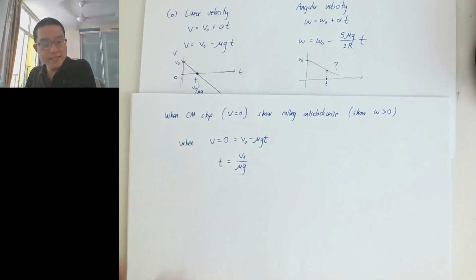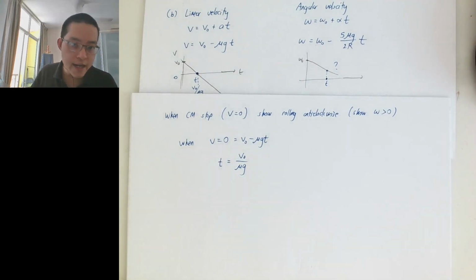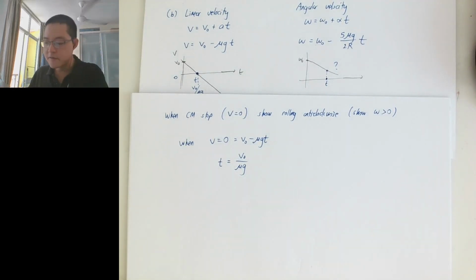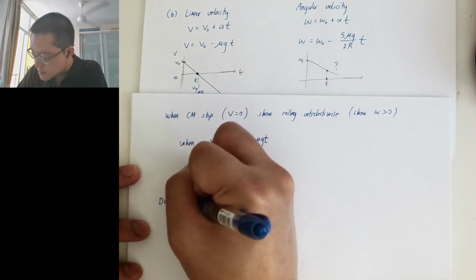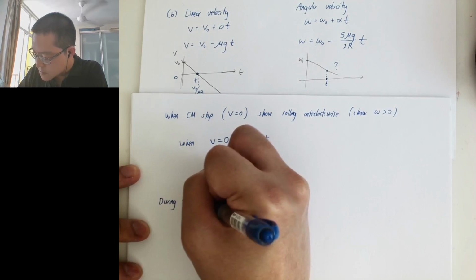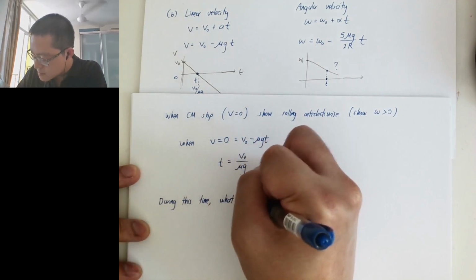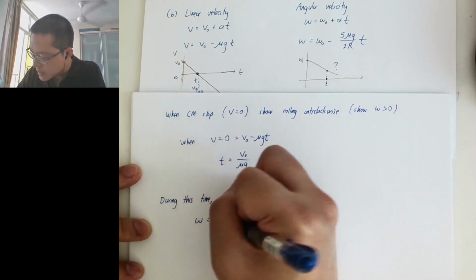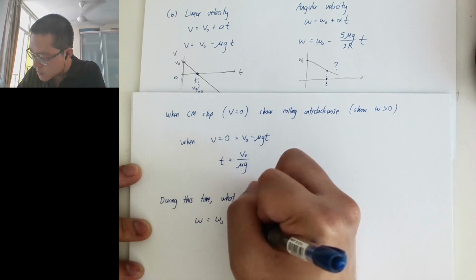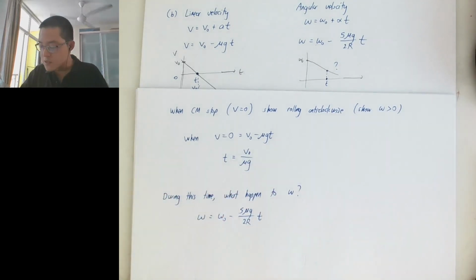So during this time, is omega still positive or is it negative? Let's try to figure this out. What happened to omega? My omega formula is omega 0 minus 5 mu g over 2r times t, and I want to know what happened during this time.